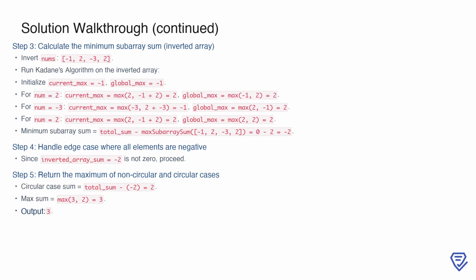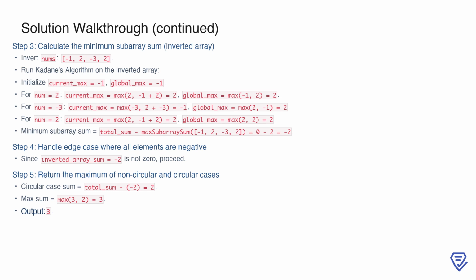To explore the circular case, we calculate the minimum subarray sum using the inverted array. When we invert nums, we get minus 1, 2, minus 3, 2. Applying Kadane's algorithm to this inverted array, we initialize current_max and global_max to minus 1. For 2, current_max becomes 2, and global_max updates to 2.